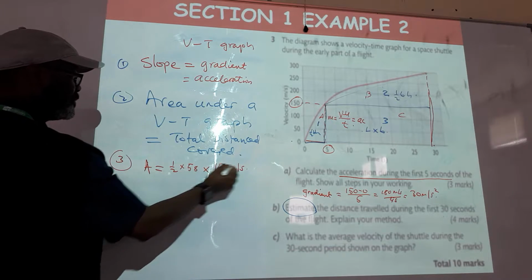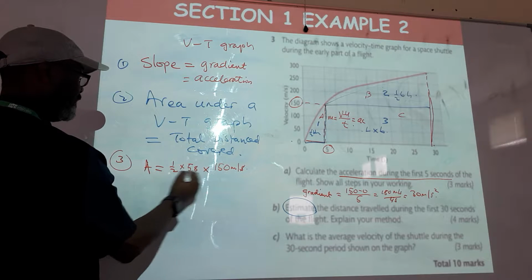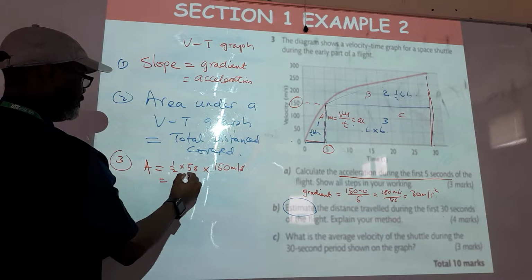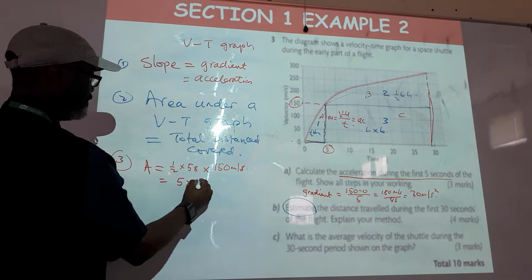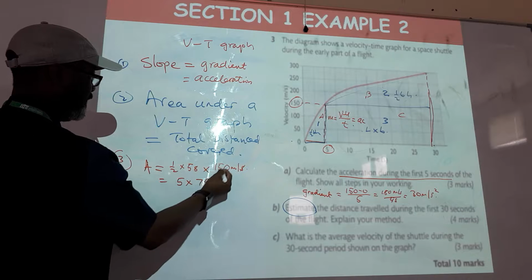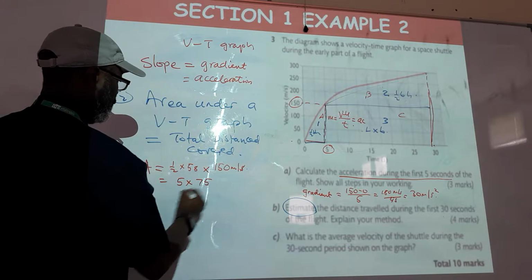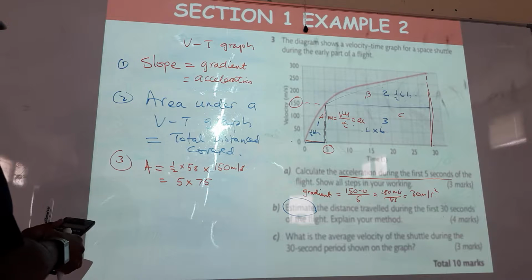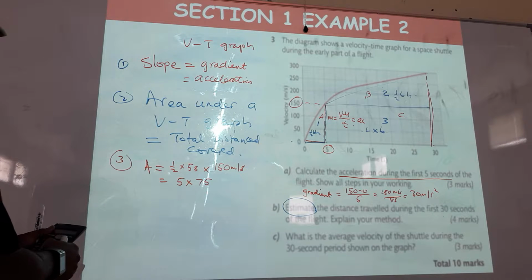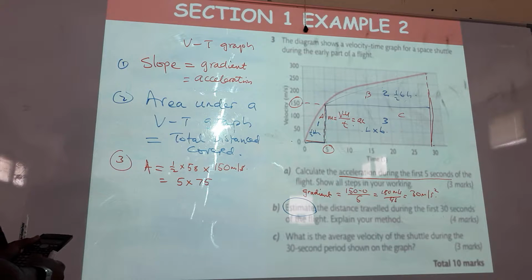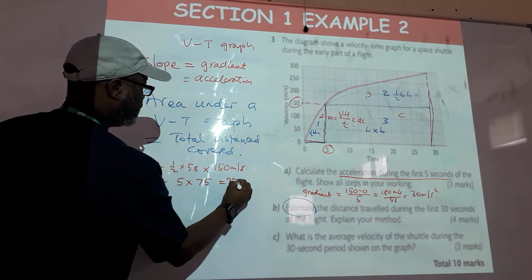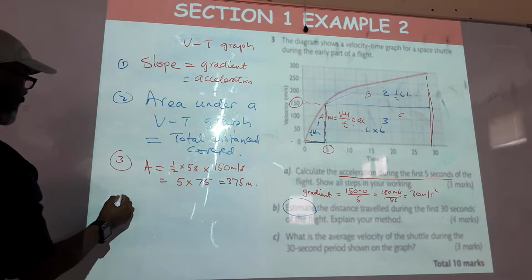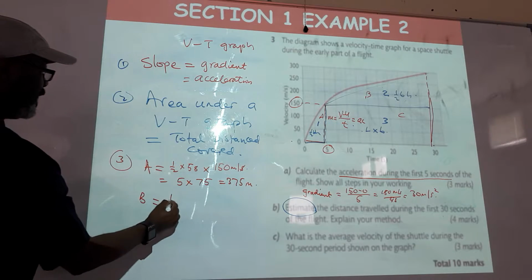The seconds cancel out, and we are left with 5 times 75, which using the calculator is 375 meters. That's A.